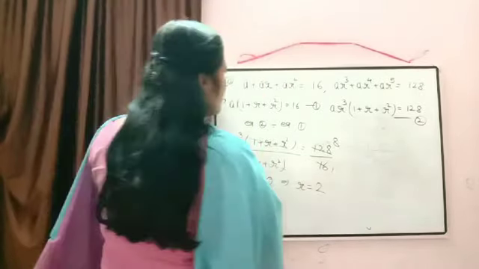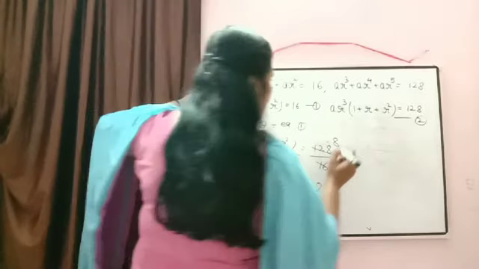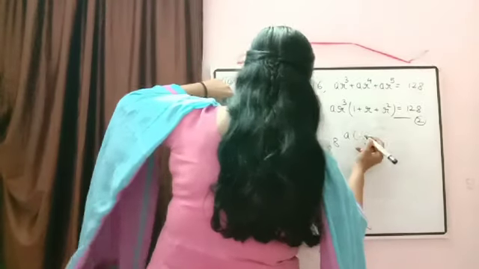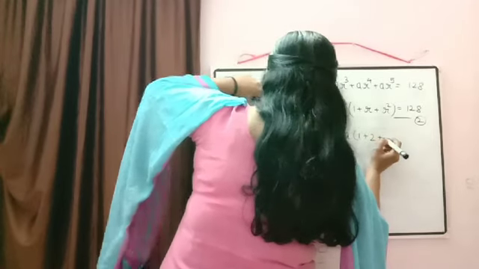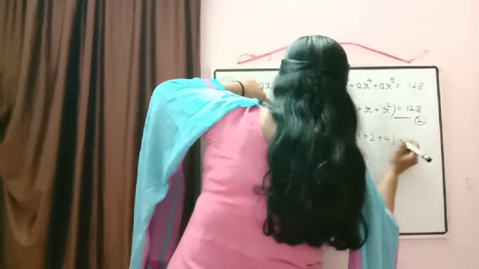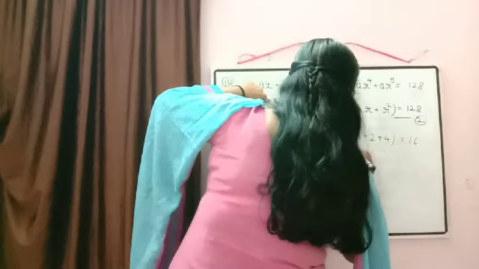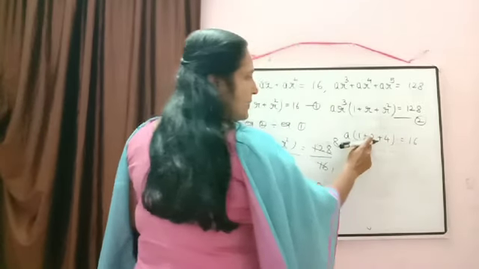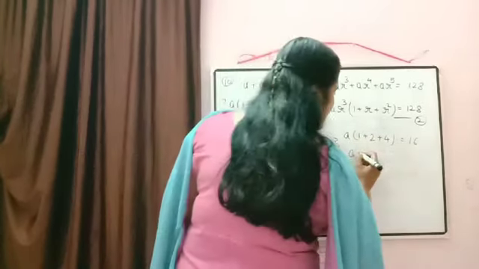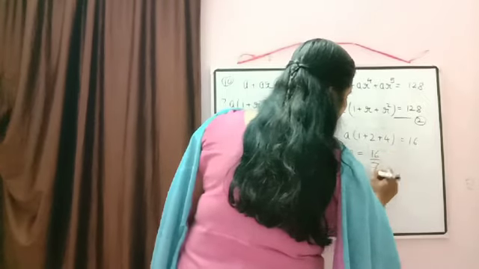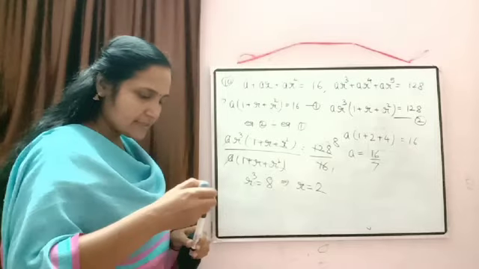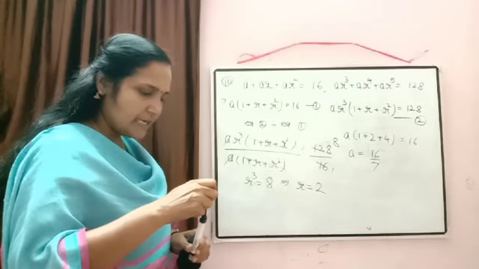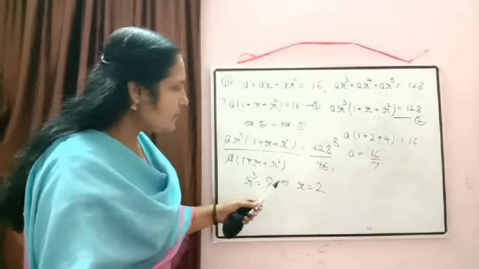Now we can substitute here to get the value of A. So we'll get A into (1 + R + R²), in place of R we have 2: 1 + 2 + 2², 2 squared is 4, is equal to 16. So 4 plus 2 is 6, 6 plus 1 is 7. So we'll get A is equal to 16/7. And now we have to calculate the sum of n terms of the GP. Our R is equal to 2 only.